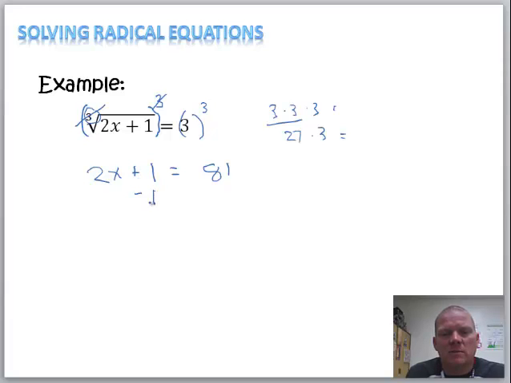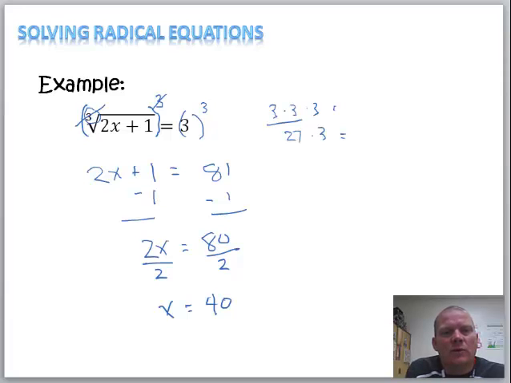First I'm going to subtract 1 from both sides, and I get 2x equals 26. And then divide. Division is the inverse operation of multiplication. So I'm going to divide by 2 and get x equals 13.